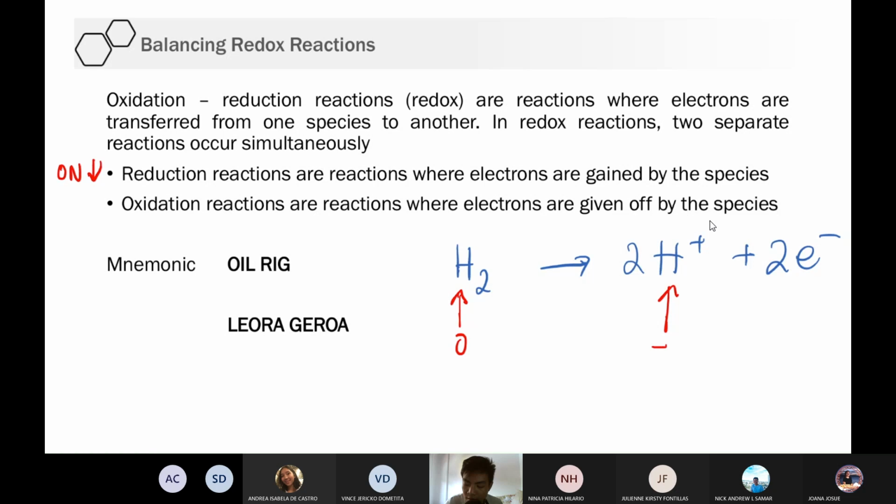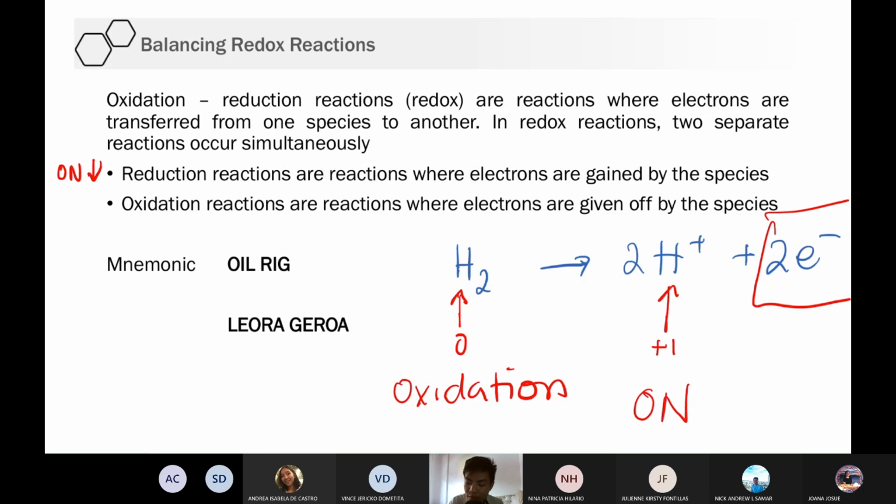So the oxidation number is from 0 naging positive 1. So ibig sabihin nun, naglabas siya ng electron. Nag-release siya ng electron during the process. And when it loses electron, it is oxidation. Okay? In oxidation, the oxidation number increases.